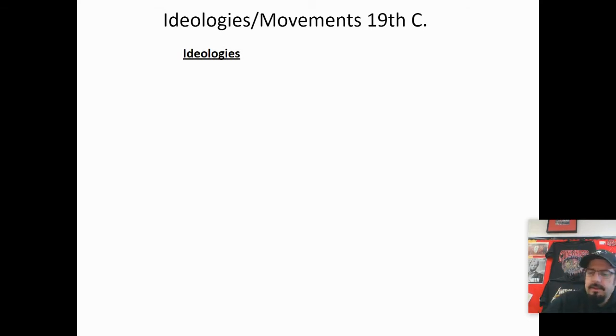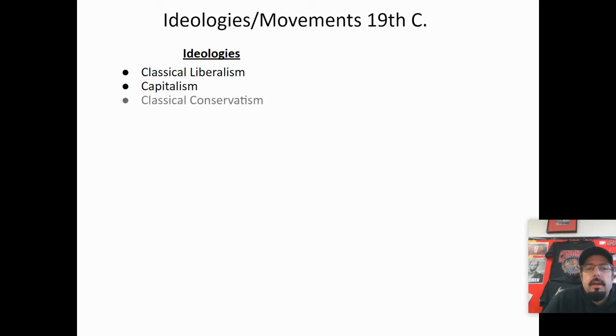This is a slide that talks about all the different ideologies that evolved in response to classical liberalism in the 19th century. You have classical liberalism initially, and how classical conservatism reacted against classical liberalism. You have utopian socialism. I think of Robert Owen, New Lanark, New Harmony. Make sure you watch those clips on that.